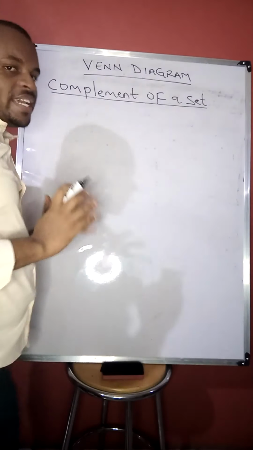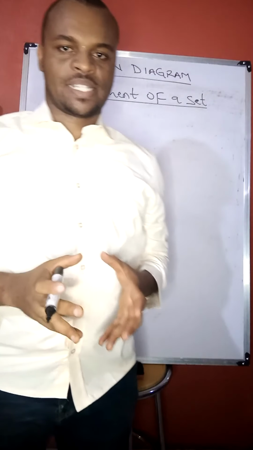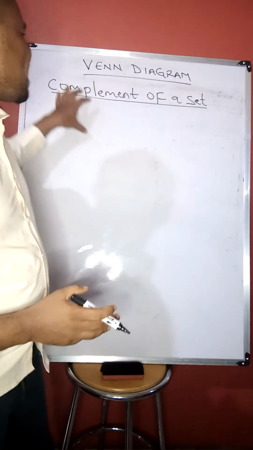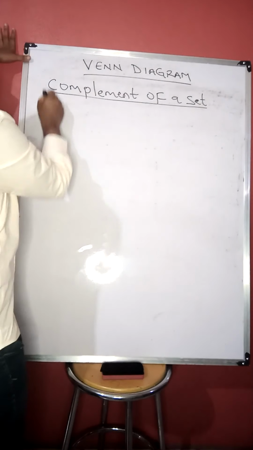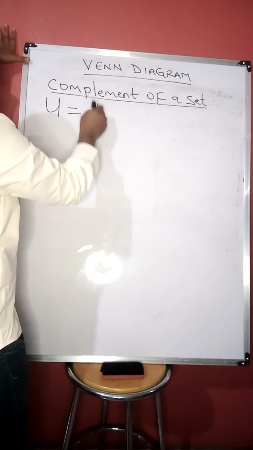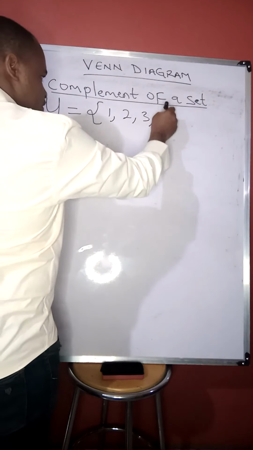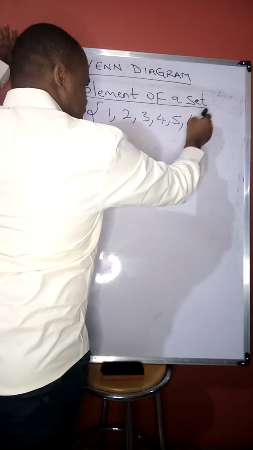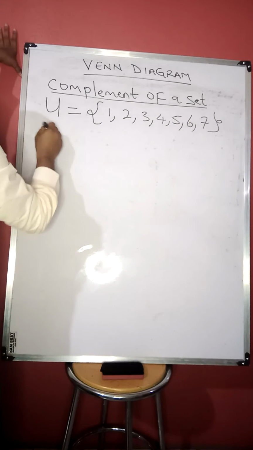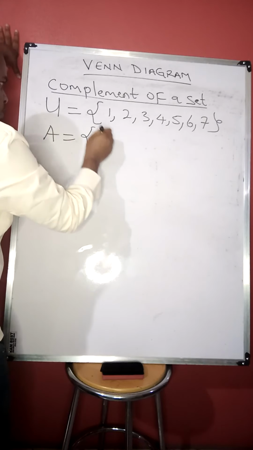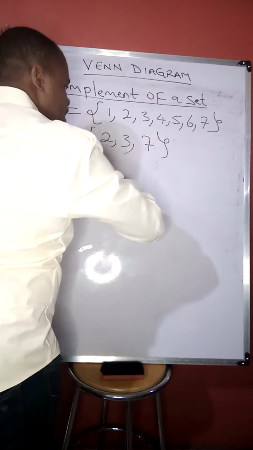Now, yesterday I told you about our universal sets, and now we need to understand what a complement of a set is. For example, if I am giving my universal set to be 1, 2, 3, 4, 5, 6, 7, and I am giving a certain set A to be 2, 3, 7.